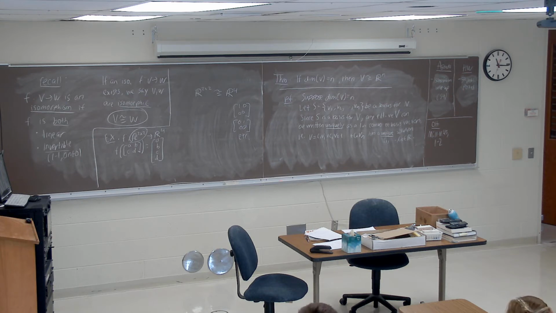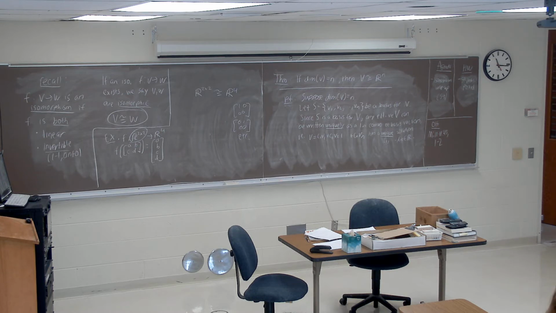Even if I'd given you a vector like pi, e, 100, there would have been exactly one set of numbers to plug into these three blanks that would give you pi, e, 100.